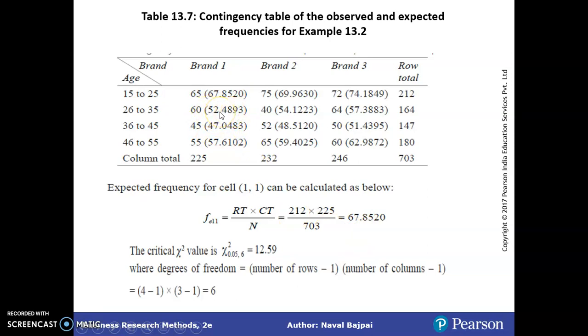How has it been calculated? 164 into 225 divided by 703. How is this value calculated? 147 into 225 divided by 703. All these expected frequencies have been calculated for each cell, and the value of O minus E squared, divided by E, has been calculated for each cell.